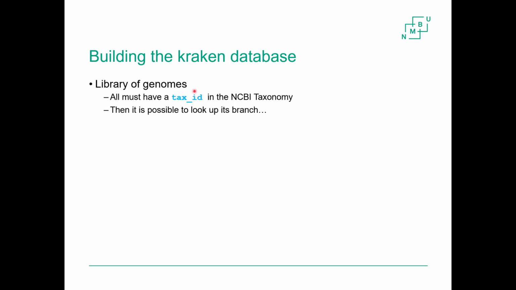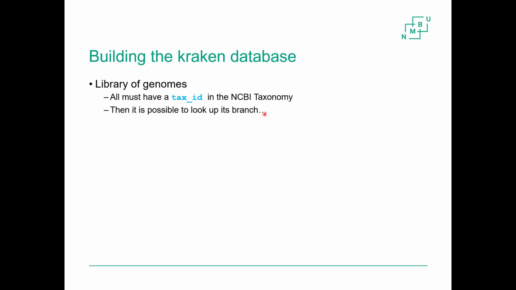They can very well have the same tax ID. I mean, these don't have to be unique. You can have several genomes having the same tax ID. That's fine. But all of them must have some tax ID. That's the important thing. And it must be the NCBI taxonomy. That's what Kraken is using. And then once you have the tax ID, we can look up the branch. And this is exactly what we do in the first part of module 10.